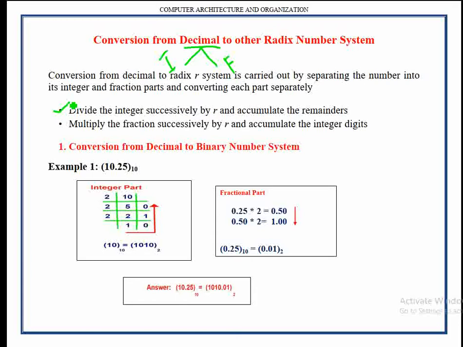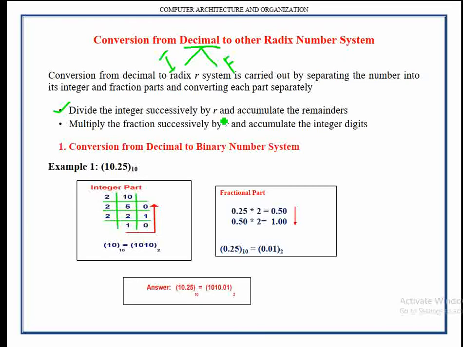On the integer part, we have to perform division operation successively by R and accumulate the remainders. And on the fractional part, we have to perform multiplication operation successively by R and accumulate the integer digits.